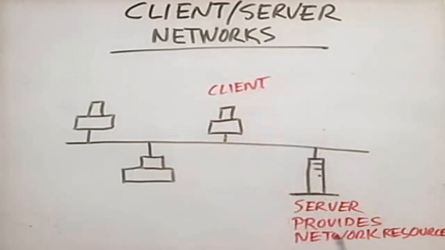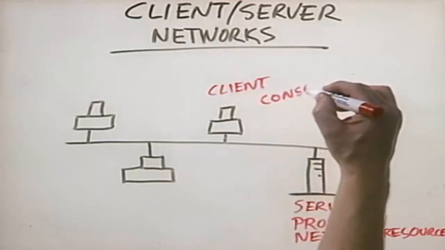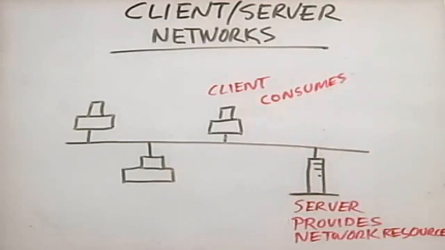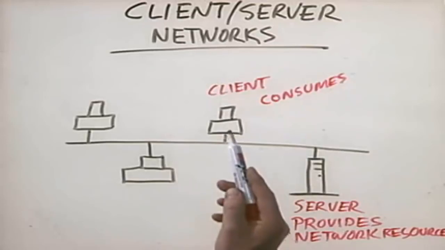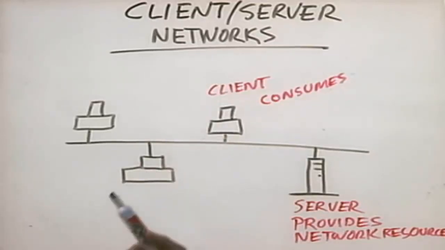Now, a client does not provide network services. It consumes network services. What does that mean? That means in a client-server network, these client workstations will not have shared storage. They will not have shared printers. All those services are provided down here by the server.